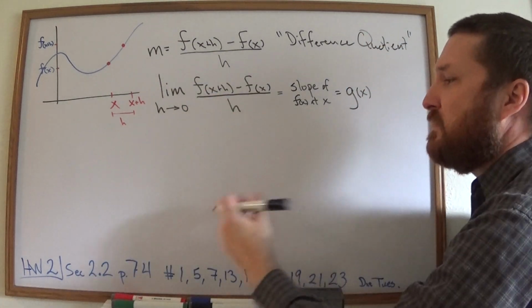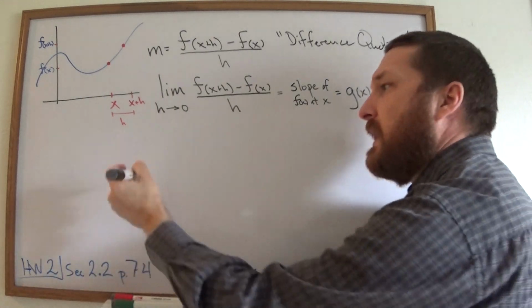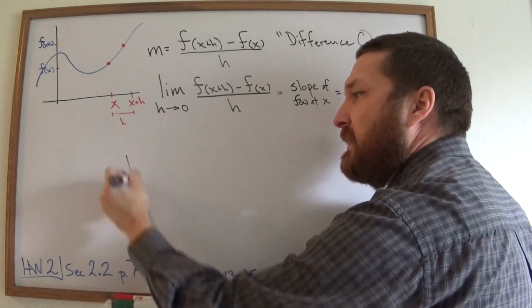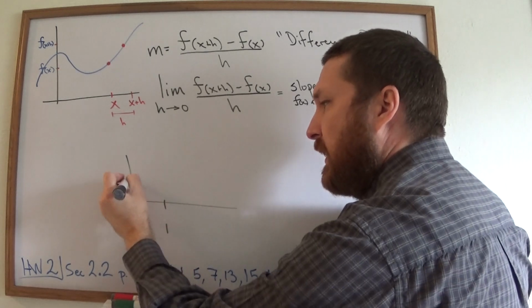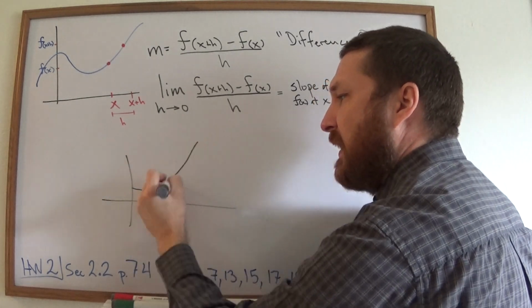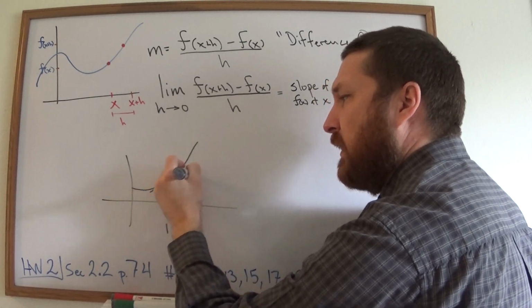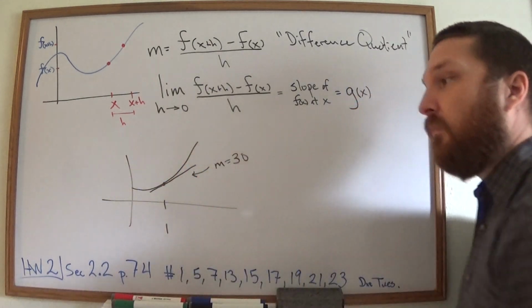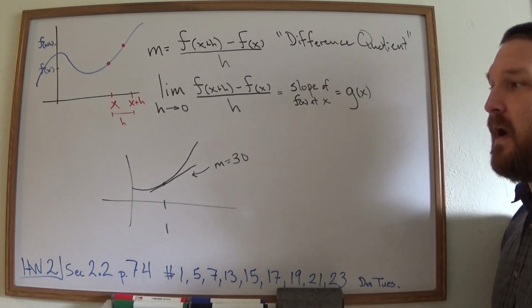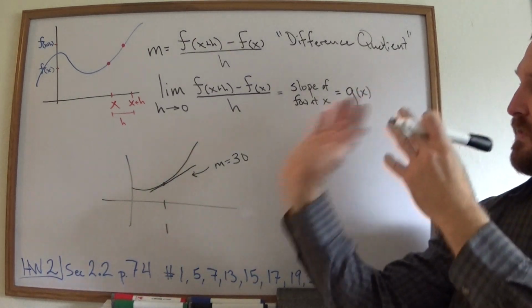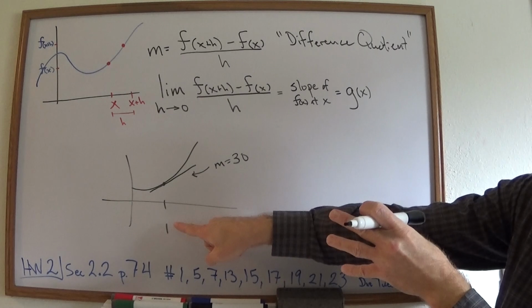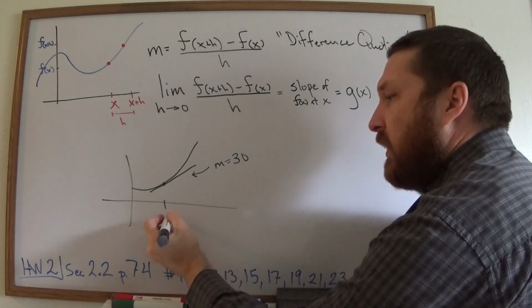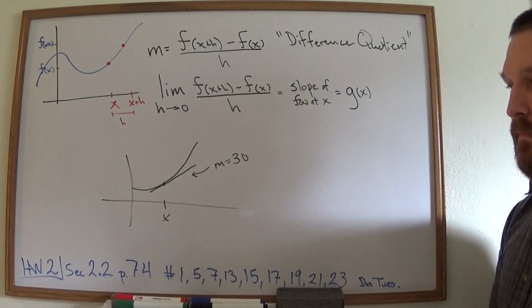What were we doing last time? It was at time equals 1, and we did some calculations and found that the slope of that line that touched at one point was 30. Well, now instead of saying at 1, what if it's just any one of them? It would depend.